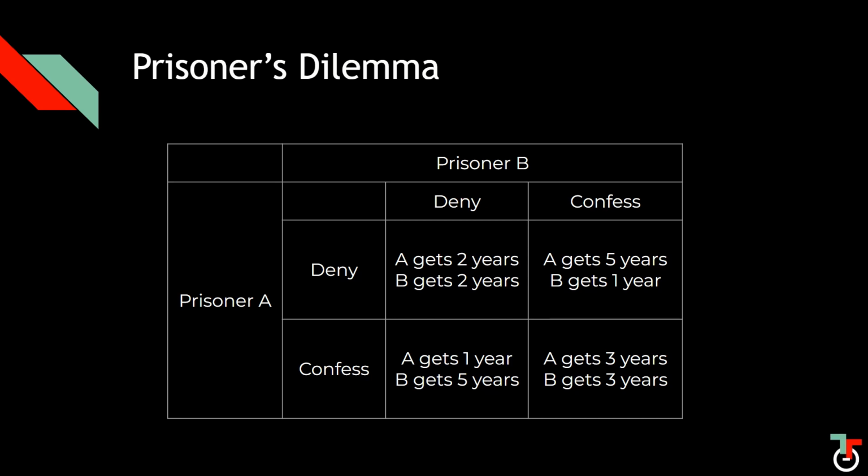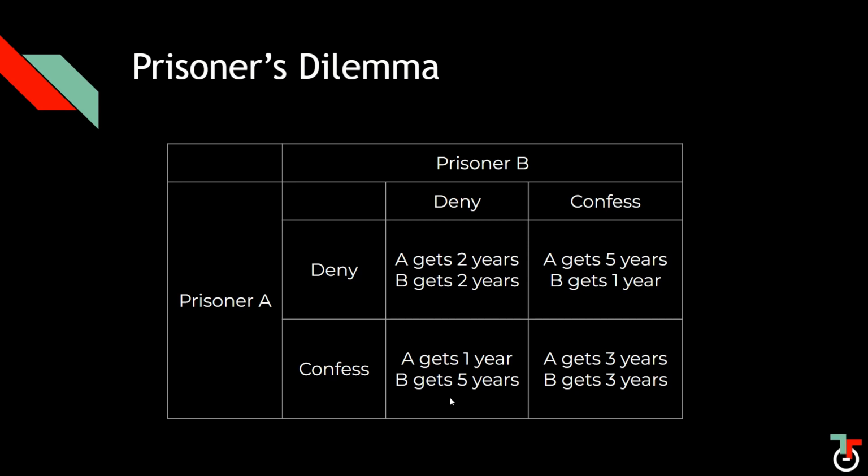Game theory. So looking now at prisoner A. If prisoner A confesses and prisoner B denies, prisoner A is going to get rewarded. He's going to have to serve 1 year because he told the truth, but his best friend is going to get 5 years because he stuck to his ground. What happens if they both confess?